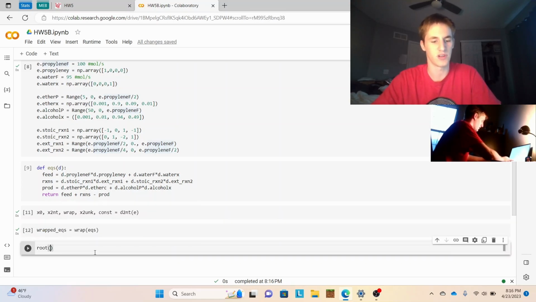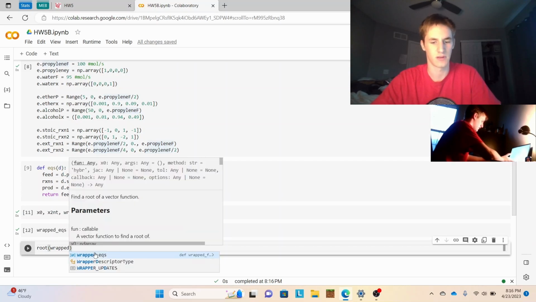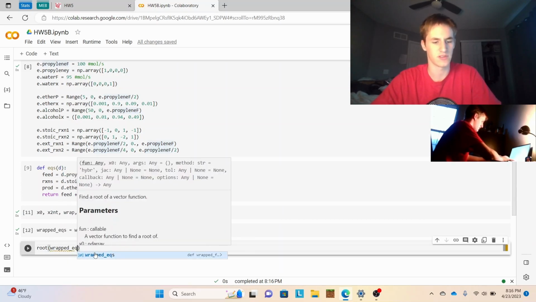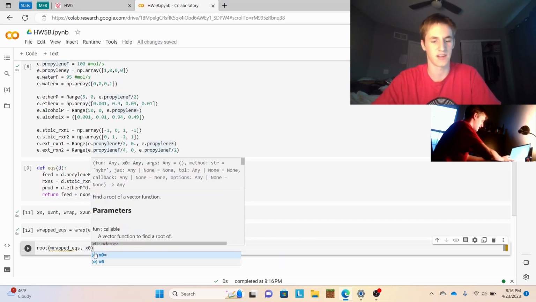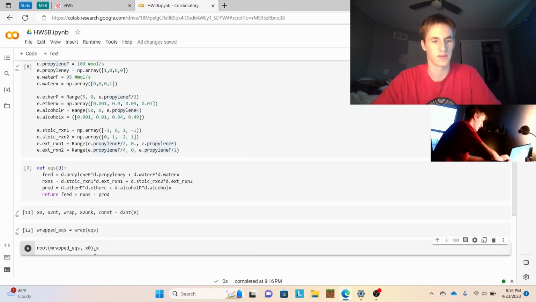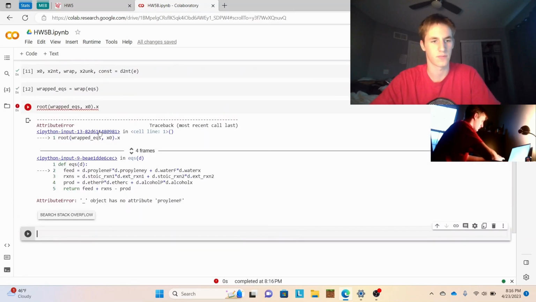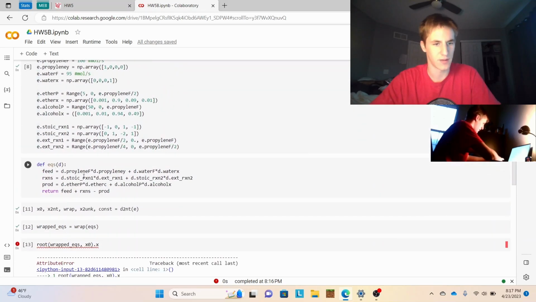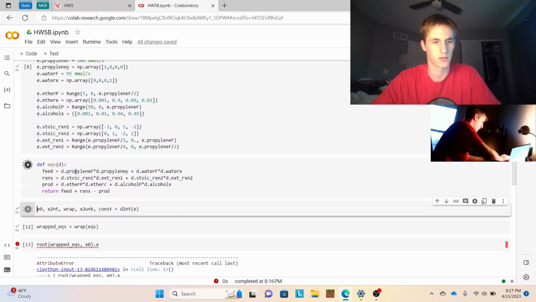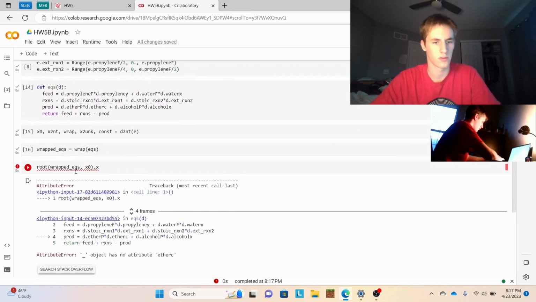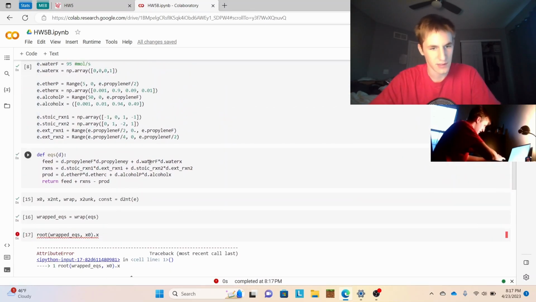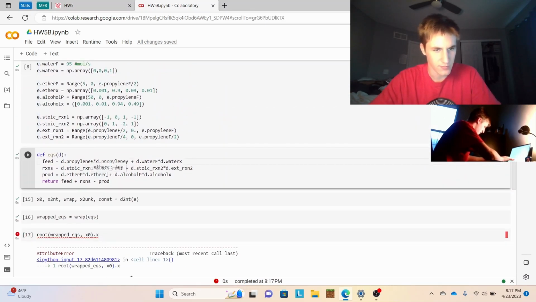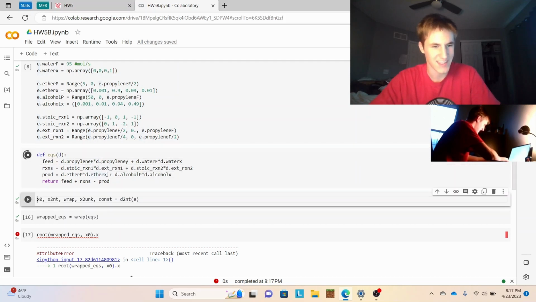Then we do root of wrapped equations in our x naught initial variable dot x. I need to add a p here. And I need to do ether x.